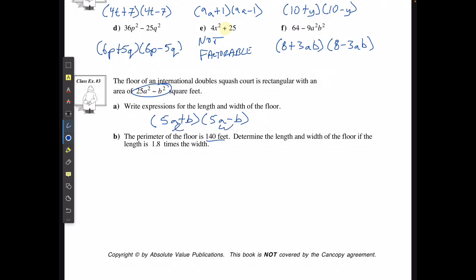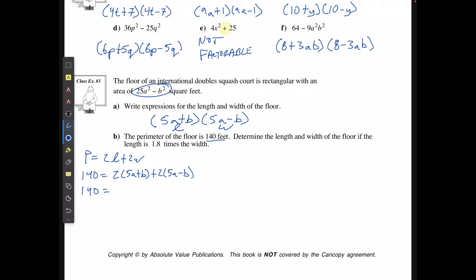I know that a perimeter is the same as 2 lengths plus 2 widths, which means that 140 is going to equal 2 times 5a plus b and 2 times 5a minus b.